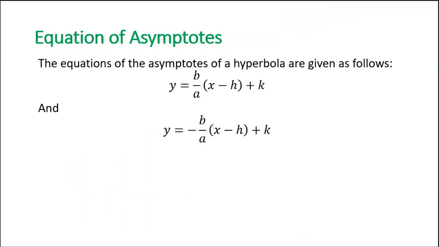Now, since we have asymptotes in the graph of the hyperbola, the asymptotes are actually obtained by equating the following and solving for the variable y.